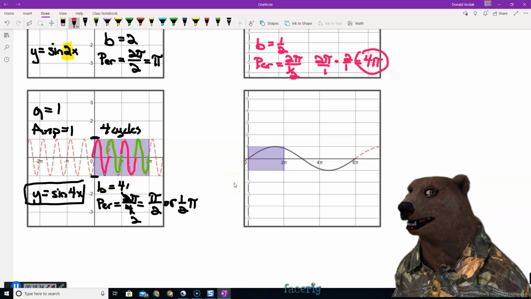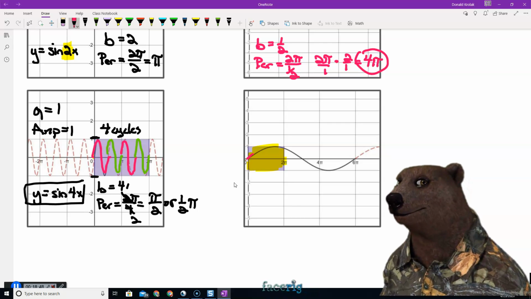Now this one, between 0 and 2 pi, I see less than half of a cycle, because it starts to go down.